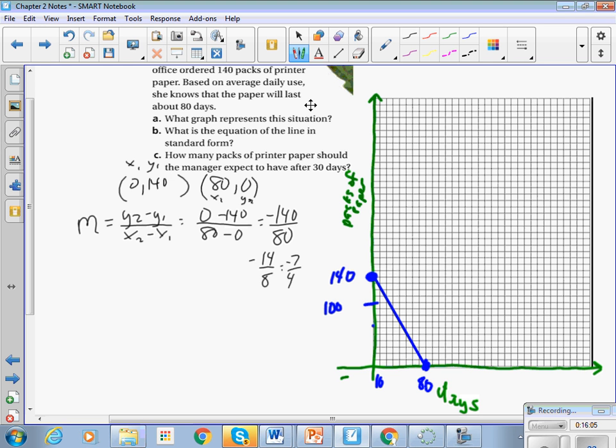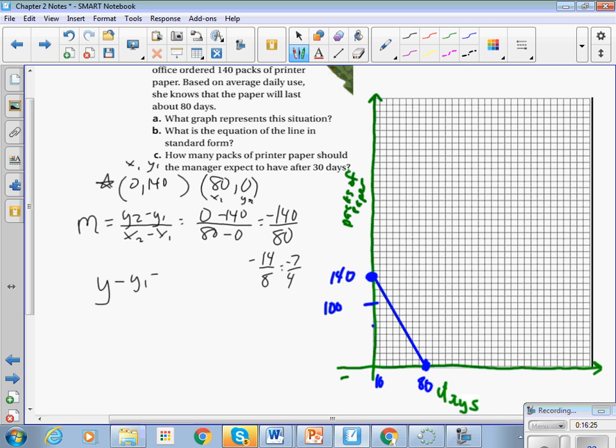So now that I have my slope, it doesn't matter which point I plug in for point slope. I'm just going to pick my first one here because it's already labeled x1, y1. Oh, sorry, standard form. Okay.